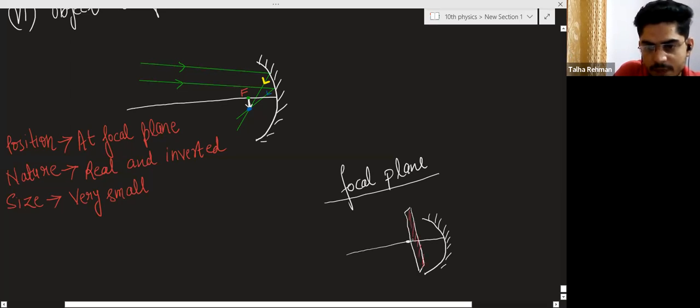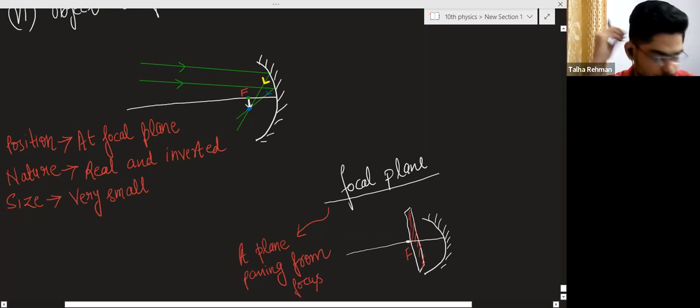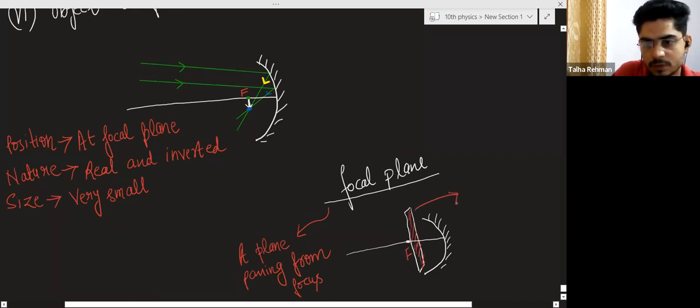It means you can say a plane passing through the focus.